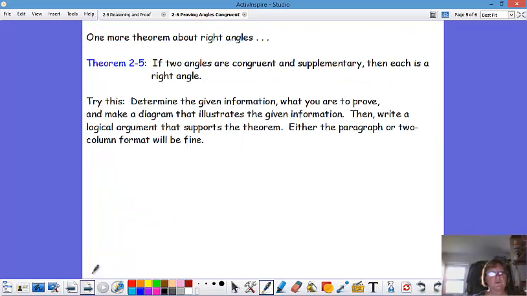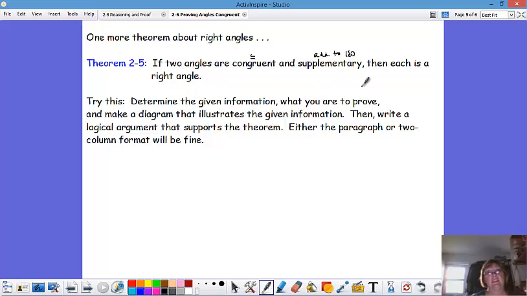And we have one more in today's lesson. This one says, if two angles are congruent and supplementary. So congruent, we know that that means that they're equal. Supplementary means they add up to 180. So we're kind of working a plan right now. If two angles are going to be both equal and add up to 180, then each must be a right angle. If you think about that, that's true.